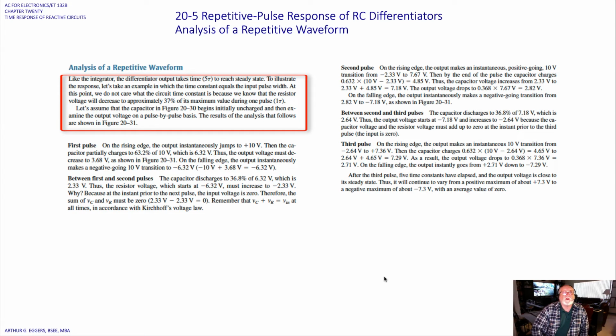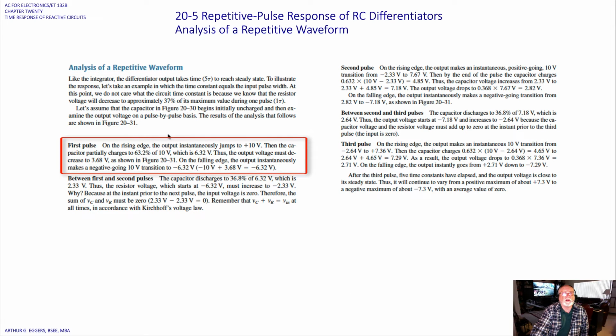At this point, we don't care what the circuit time constant is because we know that the resistor voltage will decrease to approximately 37% of its maximum during one pulse, or 1 tau. Let's assume the capacitor begins initially uncharged and then examine the output voltage on a pulse by pulse basis. The results of the analysis will follow the circuit shown.